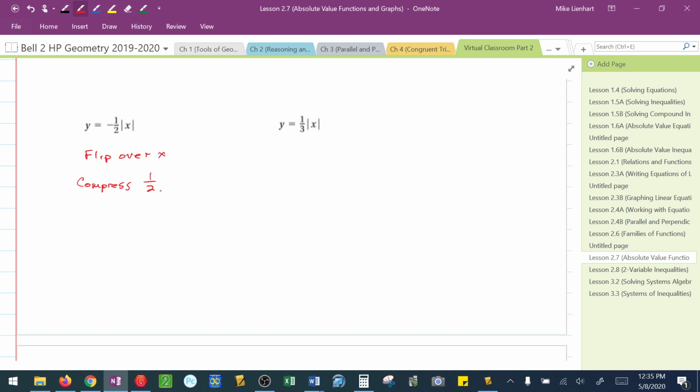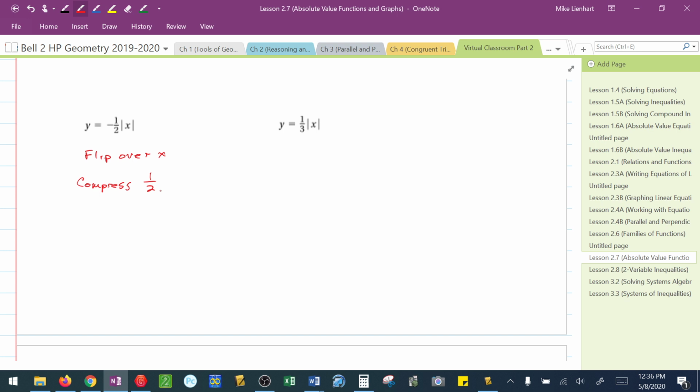Another way to look at it would be instead of going right 1, up 1 from the vertex, we could go right 2, up 1. That's also considered a compression. What a compression does is it kind of flattens the graph. All right, so it makes it get fatter. Stretch, skinnier, compress, flatter. Look on some graphs to kind of see if this makes sense.